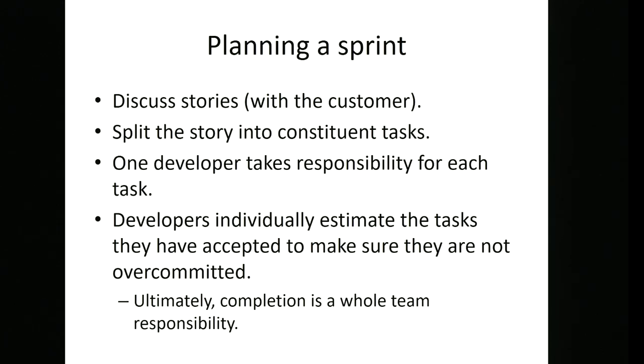So again, this is really important at the start. If someone's sat there panicking, going, oh, actually, I'm probably not going to be able to get all this done, go and have a chat with the team about it. Because ultimately, completion is a whole team responsibility. So if the software isn't ready, no one outside of the team is going to worry about whose fault it was that it isn't ready. So we want the team to be working together and helping each other.